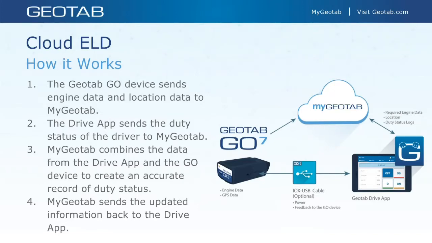So it is recommended, but it's also a situation now where the driver does not have to be actively using the app. It could be where the app is closed and the driver tosses the tablet into the back seat of the vehicle, maybe to sidestep some regulations. Well, we're still going to generate logs because we are pulling data from the Go device now that contributes to those logs.